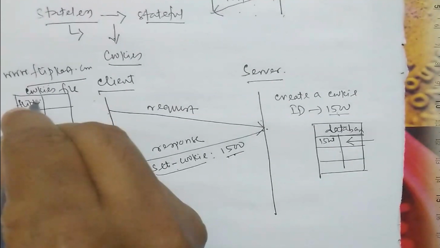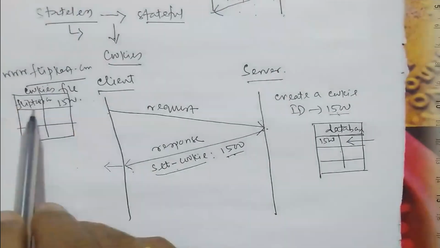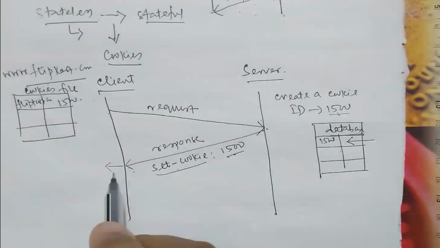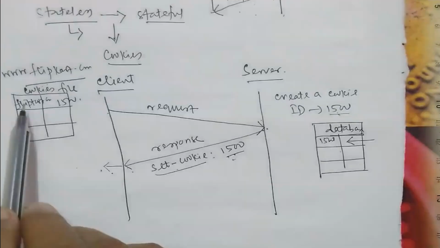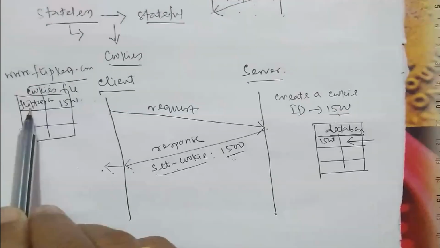The client maintains this cookie file at its own end if we say yes. If the client does not want to save the cookie, this information is not set at the client end. So it is up to the client whether to save the cookie or not. If saved, the cookie information is kept inside a text file at the client end.